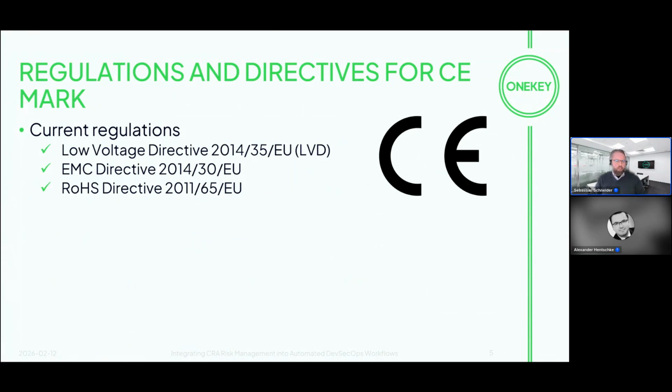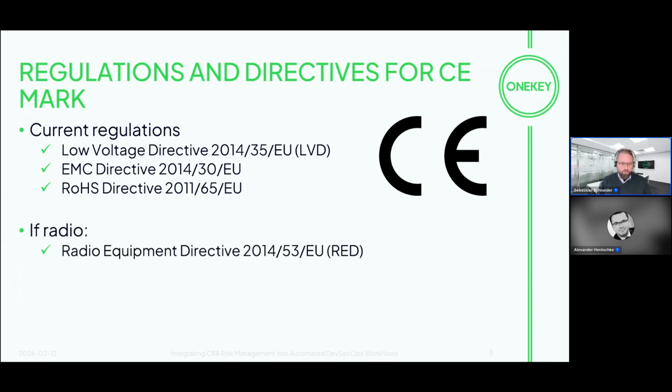There's a low voltage directive that says that your product isn't allowed to do any harm or electrocute your users. The electromagnetic compatibility directive, the restriction of hazardous substances, which also includes to use, for example, lead-free solder, and to not have some poisonous substances in a product.